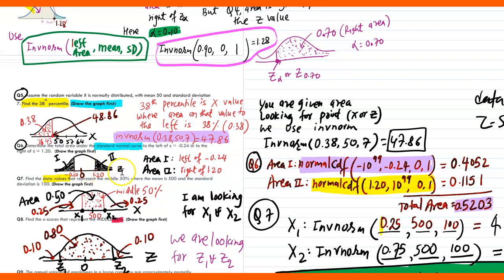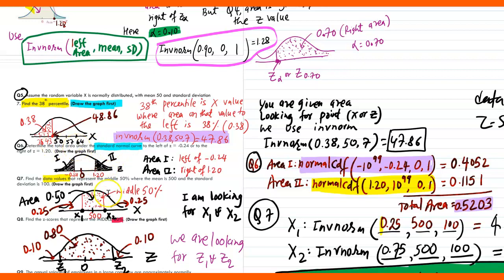And the upper bound, we don't know. You use 10.99 as the upper bound. To find area II, use normal CDF 1.20, upper bound 10.99, 0, 1 in the calculator. And you find two areas, correct? And you add them. You'll find this total area.